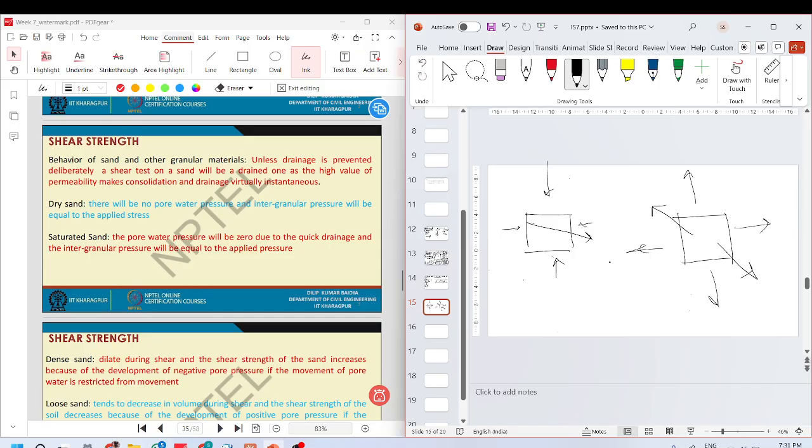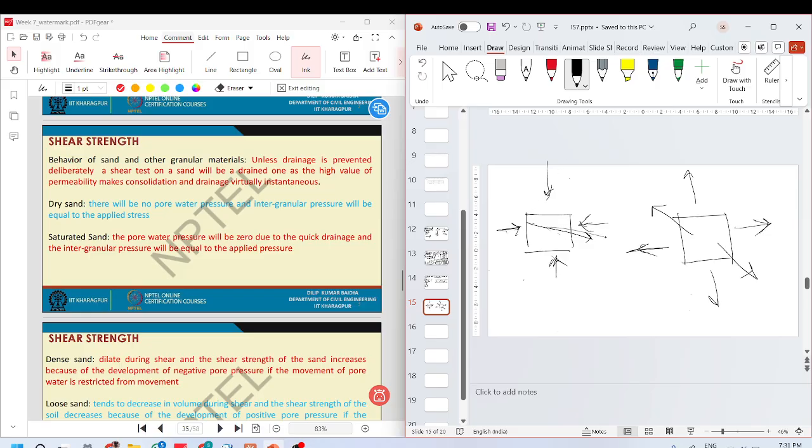This is not pure shear. This is shear stress that is induced due to unbalanced forces on these elements, and it can take place in compression as well as in tension. Just the sign will be opposite.